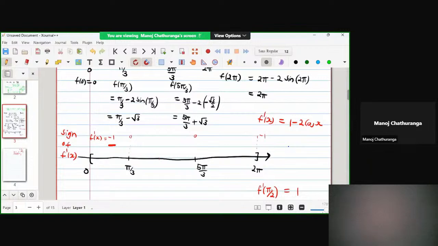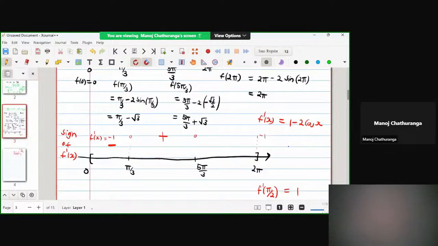So the derivative is 0 right over here, then it is positive and increases to some point and decreases to 0. So in between, the derivative is positive. Then after pi by 3, the derivative is now 0 and decreases to minus 1.